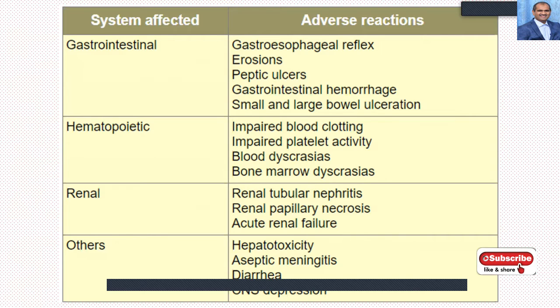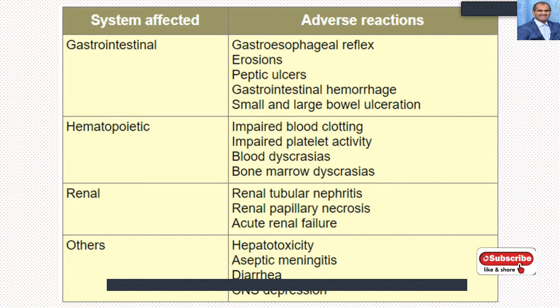They are highly susceptible. In the hemopoietic system, there will be impaired blood clotting, impaired platelet activity, blood dyscrasia, and bone marrow dyscrasia is a very common feature of NSAID toxicity.